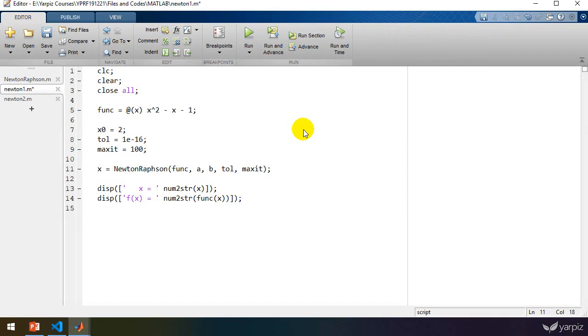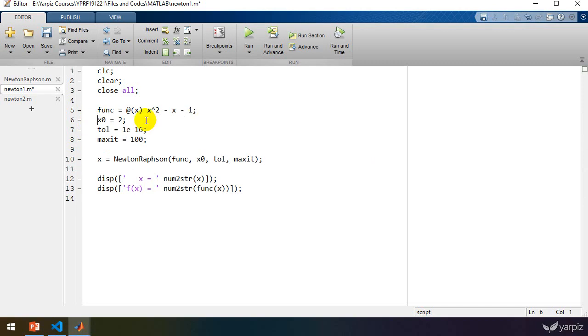Newton Raphson here and pass func, and instead of a and b we have x0 here using this tolerance and max it. We define the function as a function handle, we define a starting point here, we define the tolerance value here and the maximum number of iterations, and we call the Newton Raphson function using these parameters, and this is the value of x.